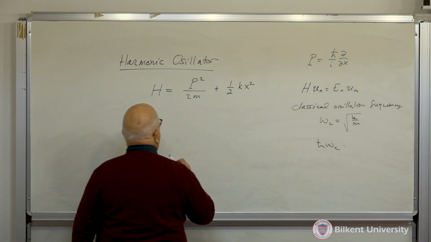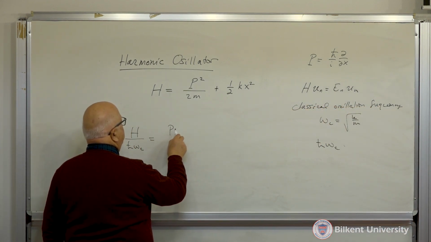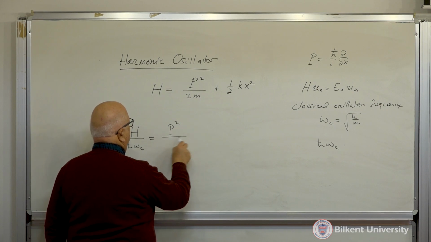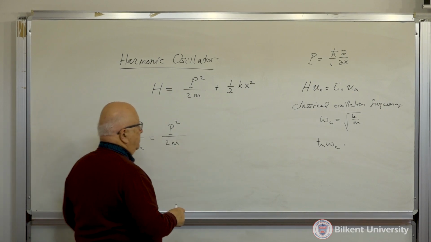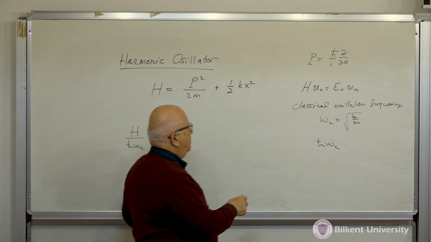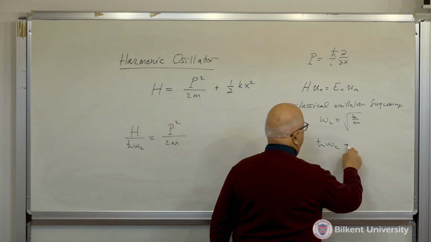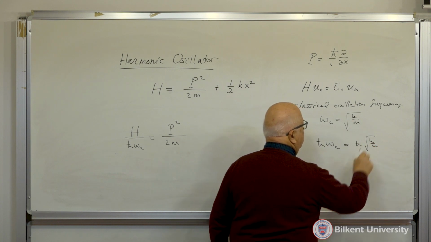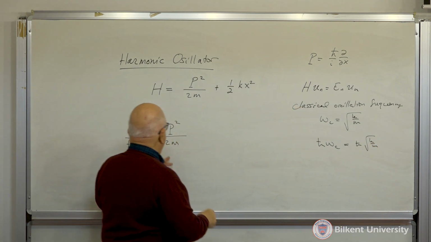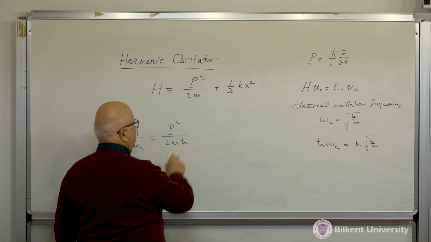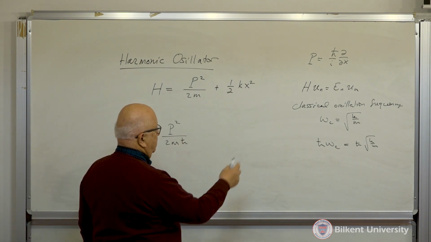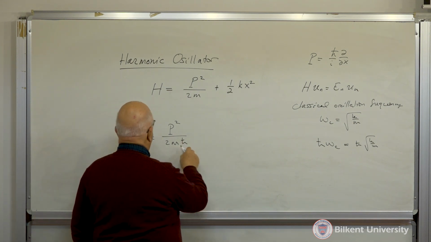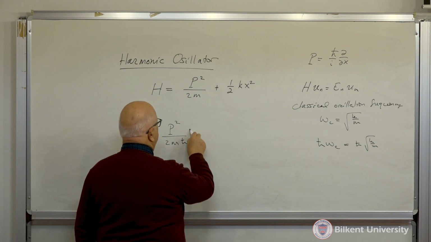So what do I get? I get p squared over 2m divided by h bar omega c, which is h bar times the square root of k over m, so there will be an h bar, and 1 over omega c, which is the square root of m over k.